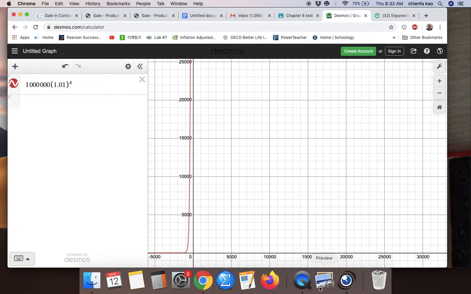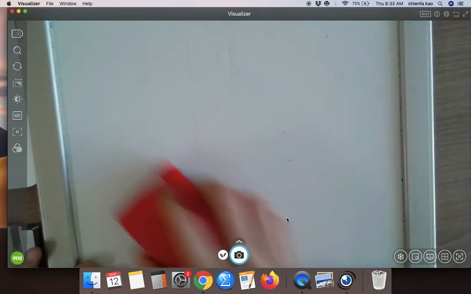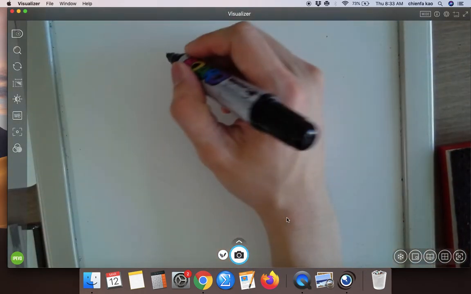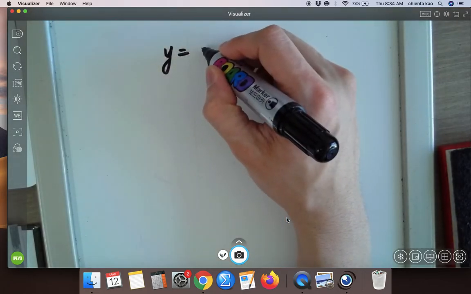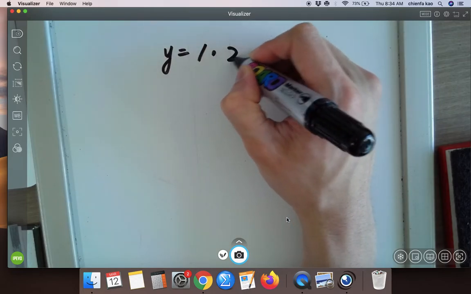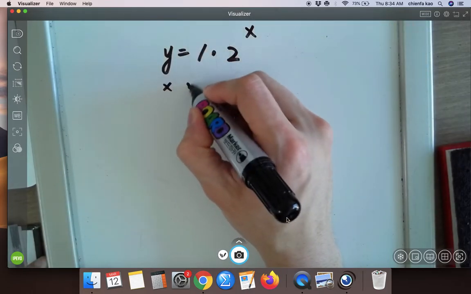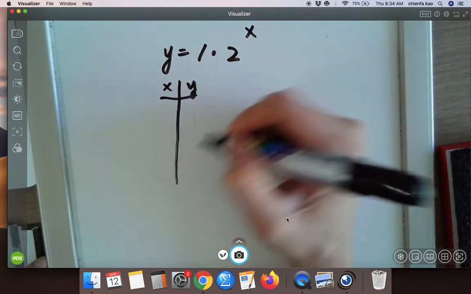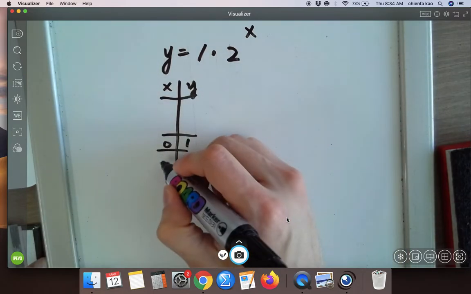Okay, so there is one thing I want to clarify. Let's graph it really quickly. You already saw it on Desmos for a quick moment. Let's just take a look at this function. If x equals 1 times, and then the rate is doubling. You're doubling your amount every single time. Let's do an XY chart. If it's 0, you will get 1. If it's 1, you get 2.